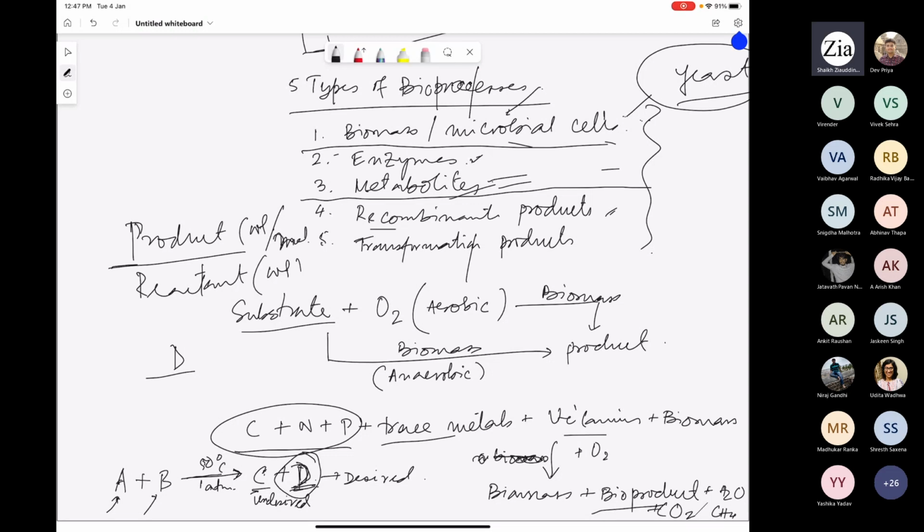So weight by weight or mole by mole can give you the yield of D from A.